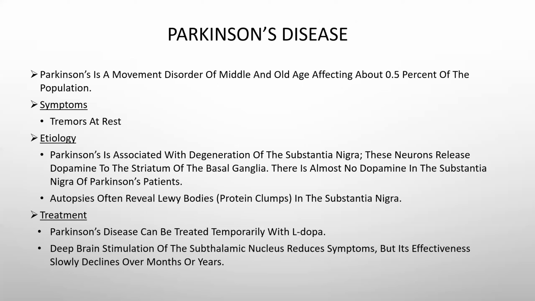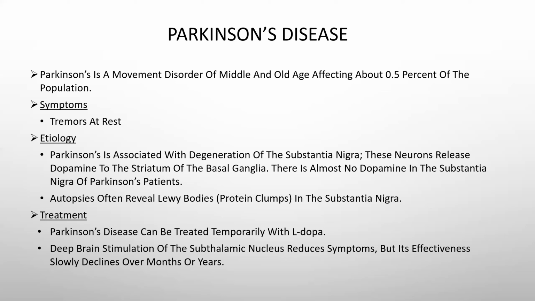What about Parkinson's disease? Parkinson's is a movement disorder of middle and old age, affecting about 0.5% of the population. The symptoms are these tremors at rest. The etiology: Parkinson's is associated with degeneration of the substantia nigra. These neurons release dopamine to the striatum of the basal ganglia.